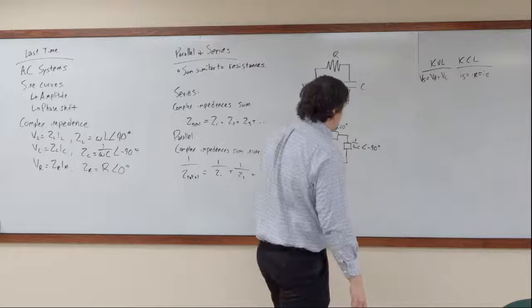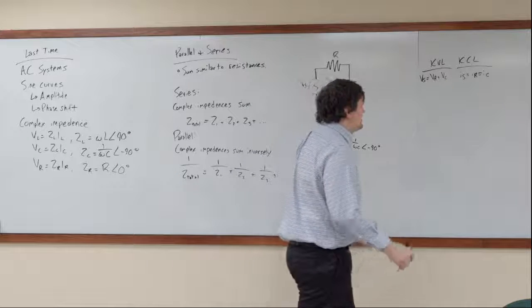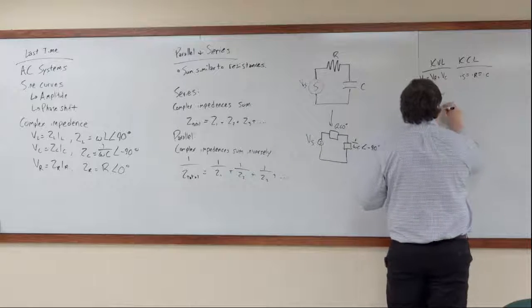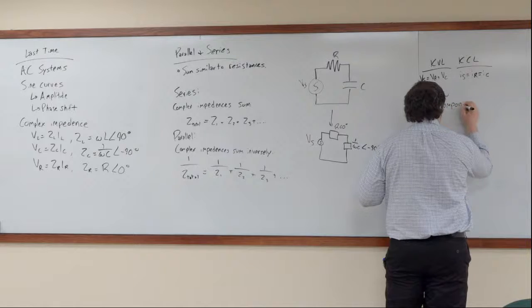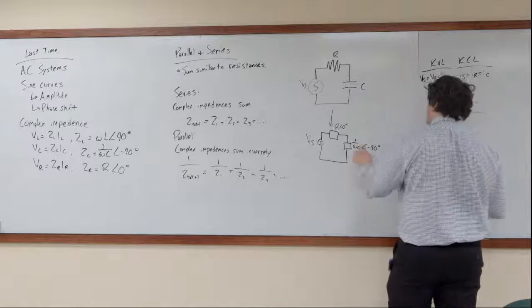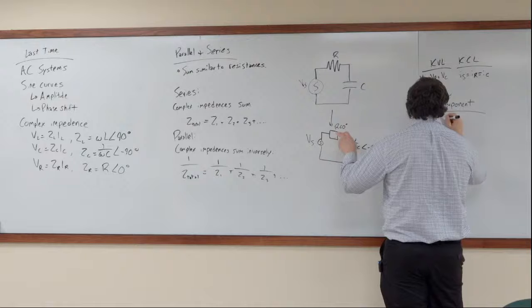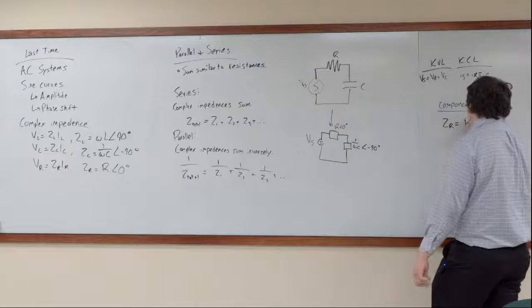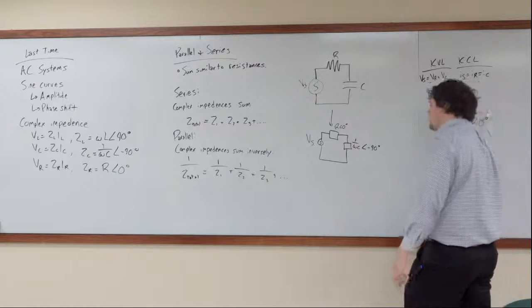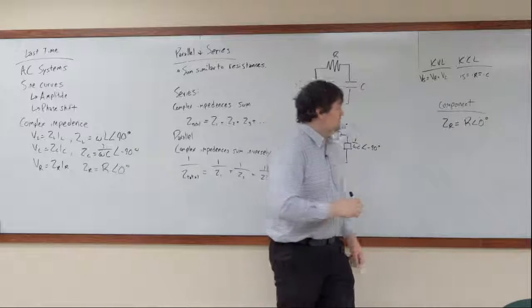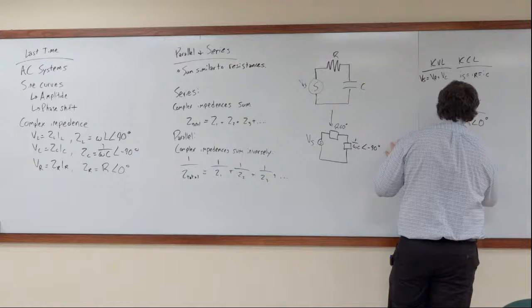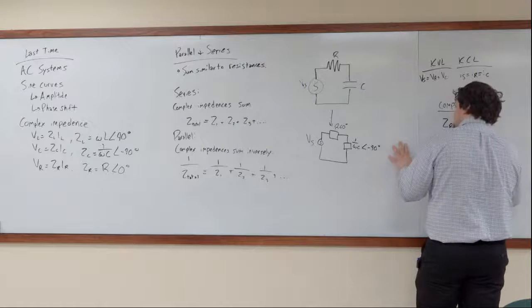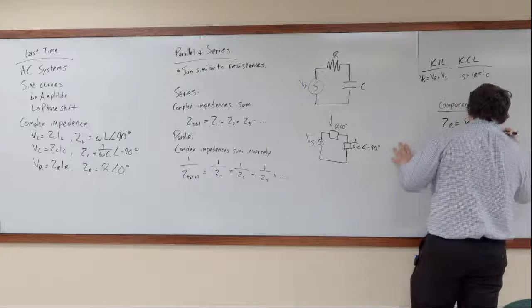Now, what is different is that our component equations are a little different. As I said, the resistance, ZR, is a phasor of R at an angle of 0 degrees, and ZC is equal to 1 over omega C at an angle of negative 90 degrees.